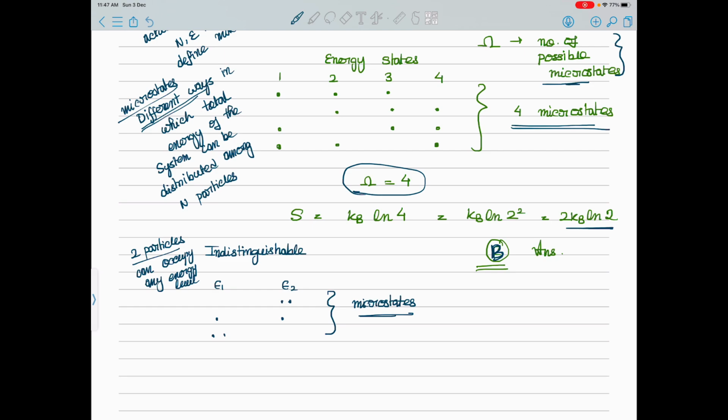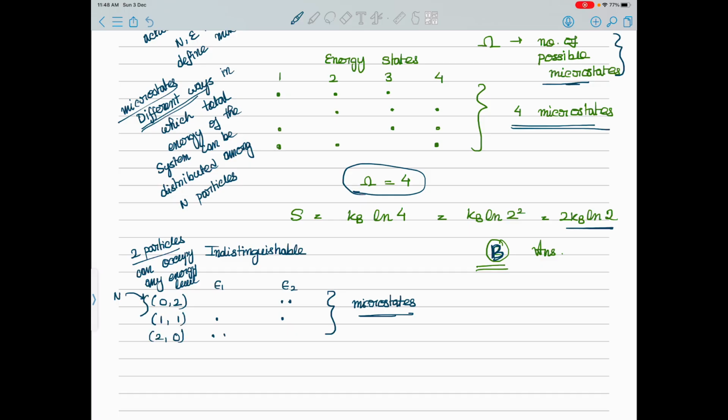But what about the macrostate? Macrostate is that at epsilon 1 energy level there are 0 particles, at epsilon 2 energy level there are 2 particles. So this is one macrostate because it gives the information about the number of particles at each energy level. The second possibility is 1 here and 1 here, and the third is 2 and 0.